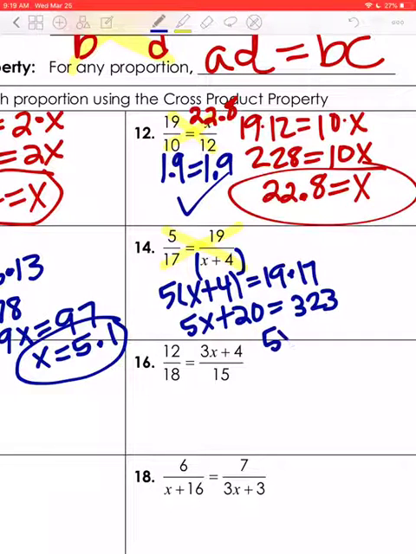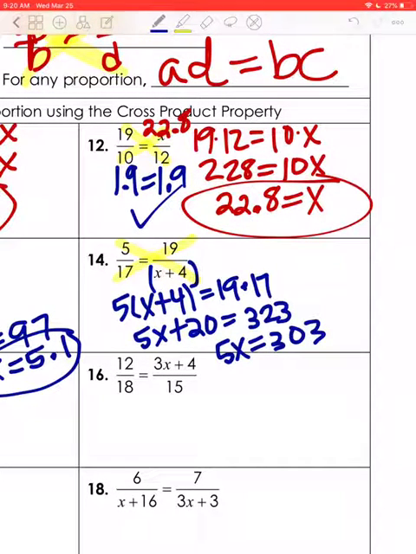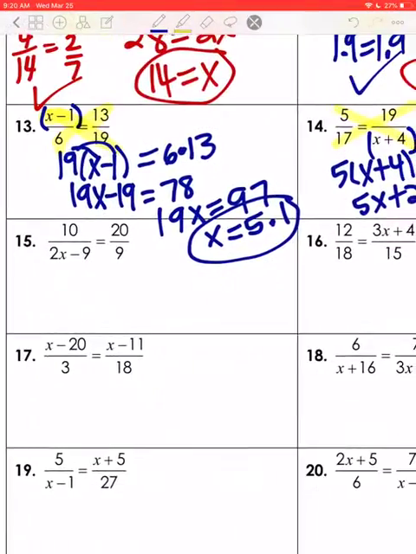Okay, so 5x equals 303. And dividing by 5, I get x equals 60.6. Okay. All right, let's look at 15.